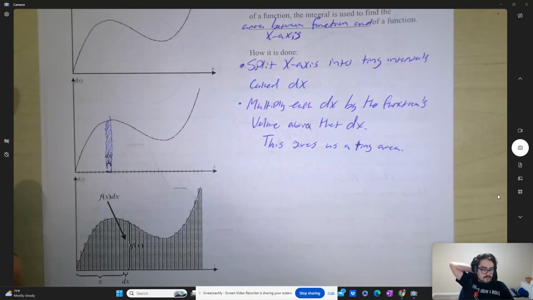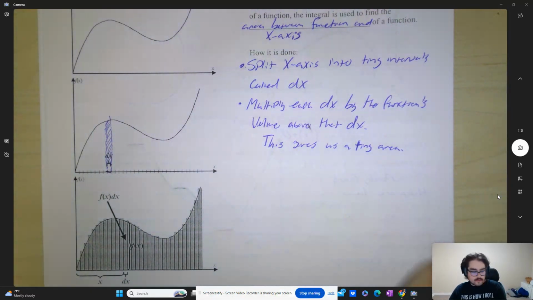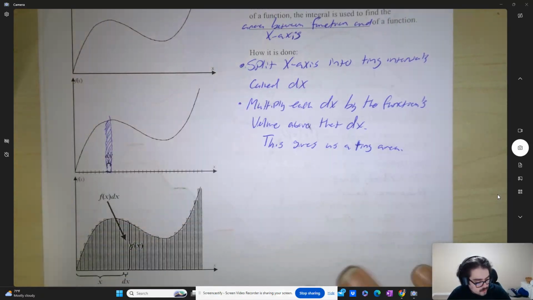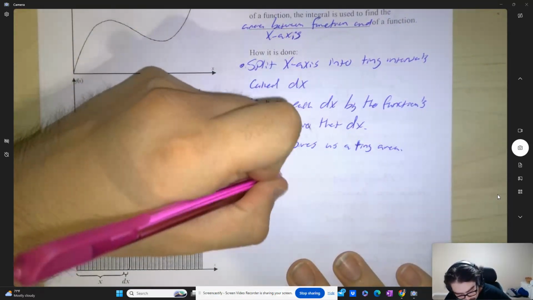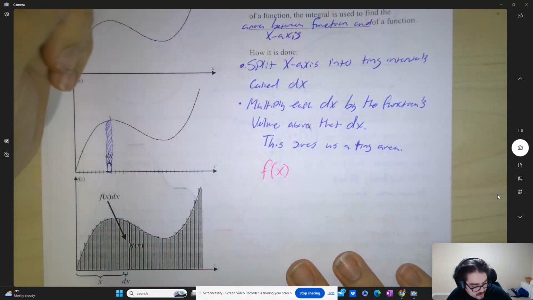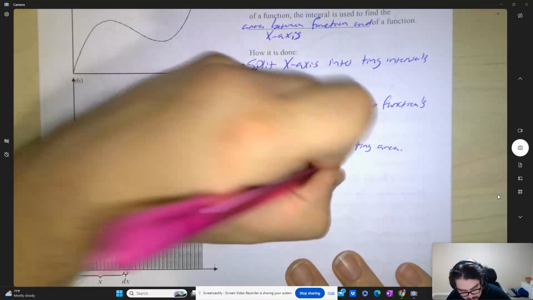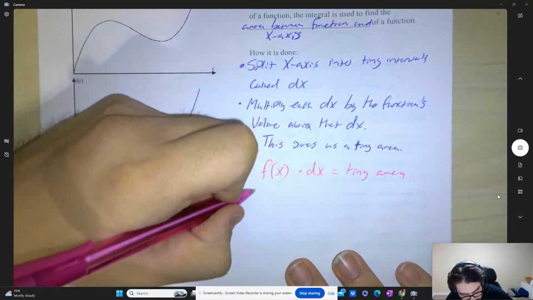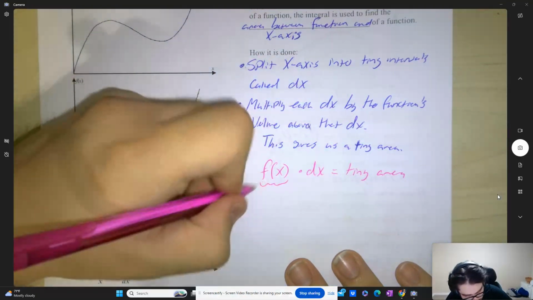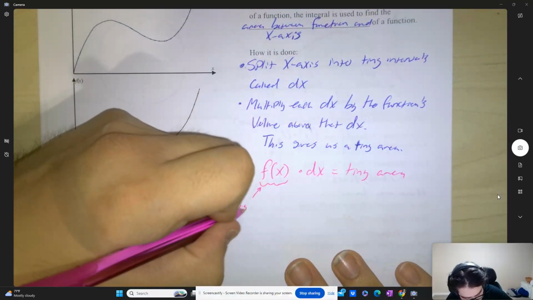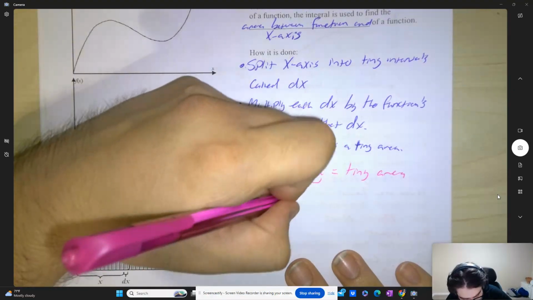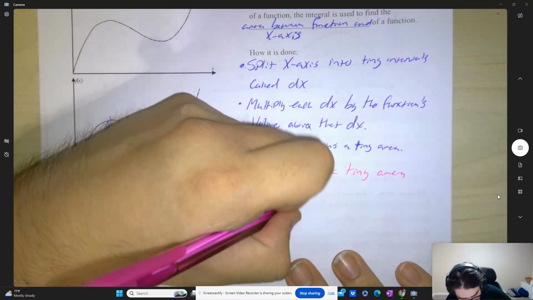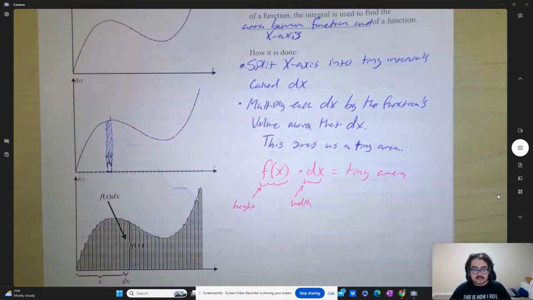You should notice that the value of the function above that dx times dx gives us the tiny area. This part right here is your height. This part right here is your width. So you're multiplying your height by your width to get the tiny area.